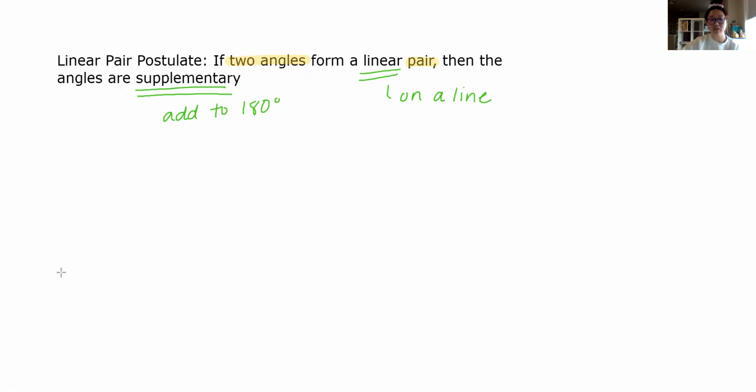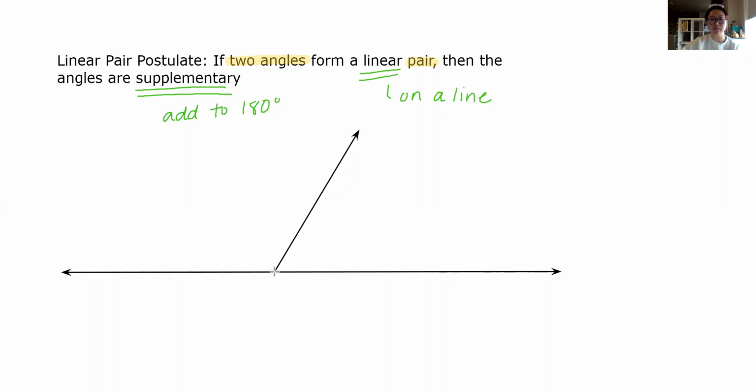So starting with our straight line, because those angles have to be on a line. And if that line is broken up by a ray here, I've now created two angles. And let's go ahead and label these parts. So this was A, B, C, and D. I now have two angles.